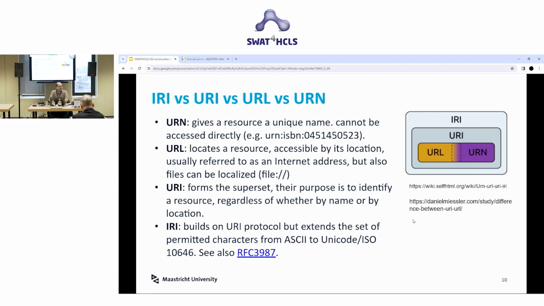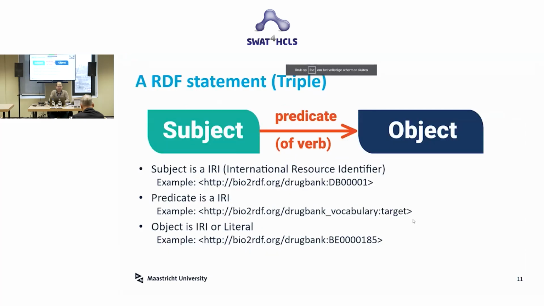So why am I bringing this up? I'm bringing this up to talk about how to represent this triple concept in a computer. The way RDF does that is by encoding anything in the subject as an IRI. And because the IRI is bigger than the URI, it can also be a URI.